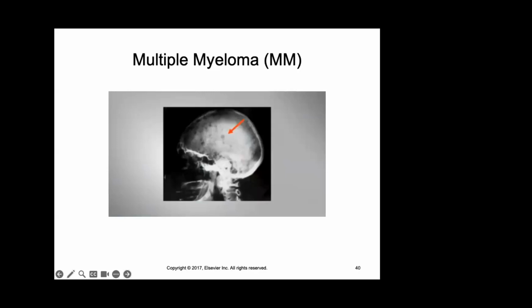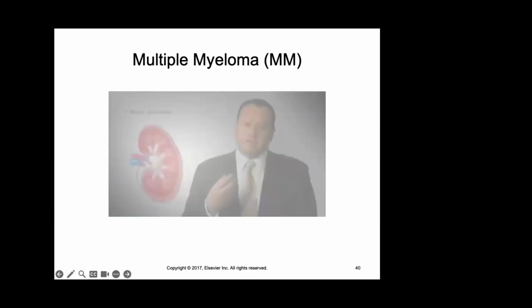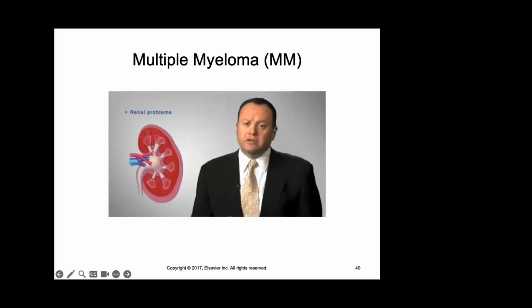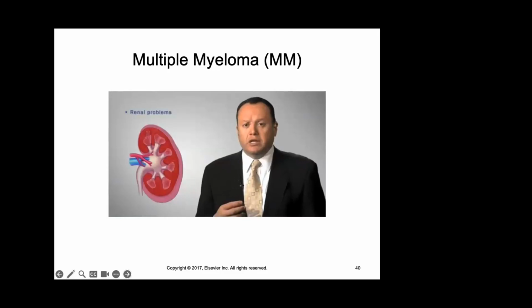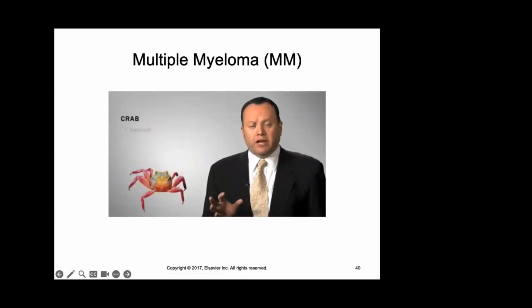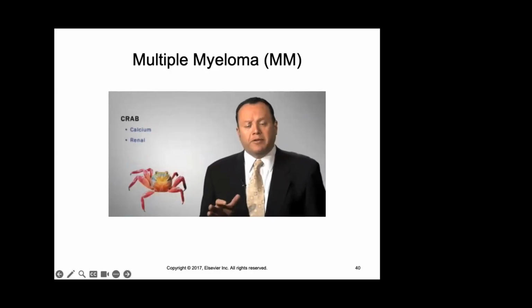Lastly, the small fragments of the proteins can be filtered down through the kidneys, and occasionally this will be very toxic to the kidney. So a subset of myeloma patients will present with either renal insufficiency or frank renal failure. So those 4 things define the complications of what we call myeloma, and that is often referred to by the acronym of CRAB. C for calcium, R for renal abnormalities, A for anemia, and B for bone disease.